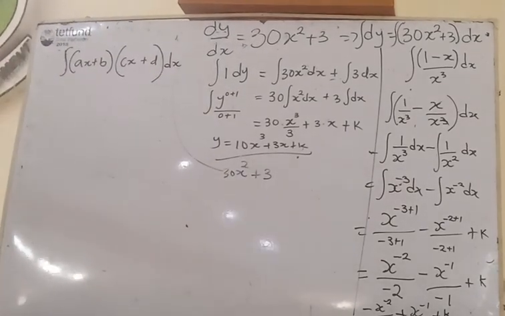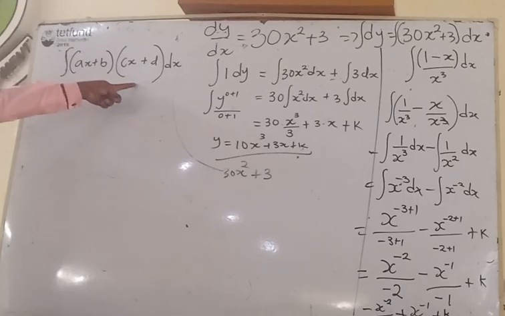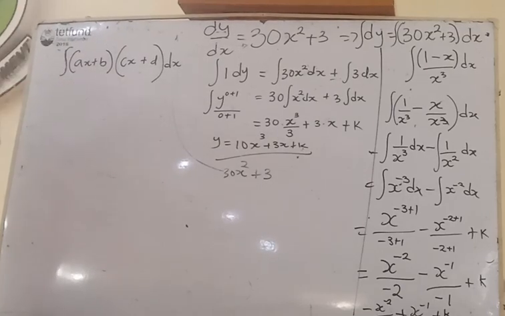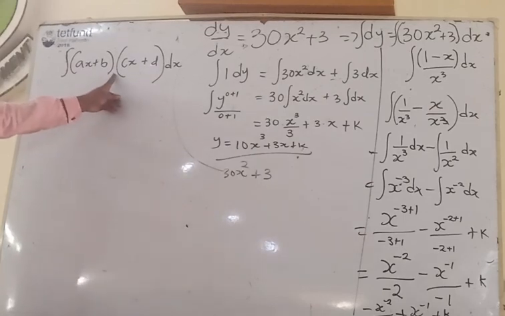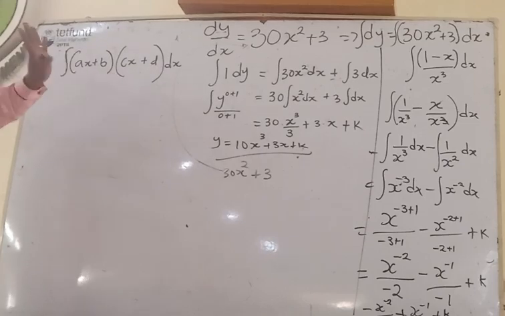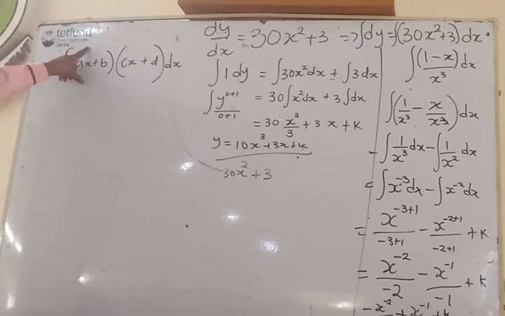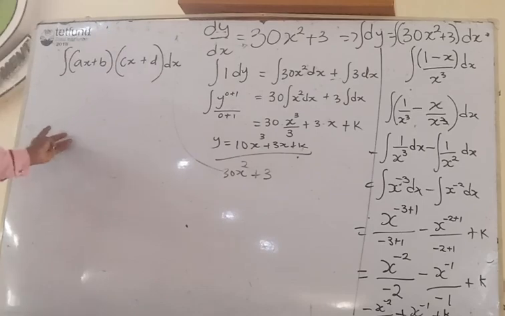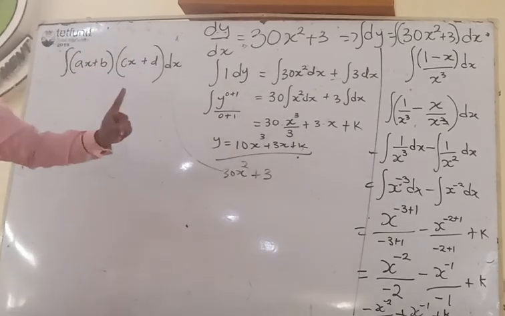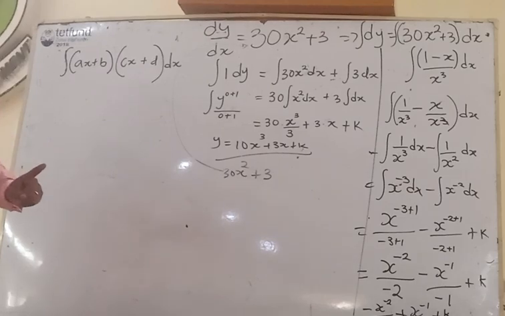Now, remember I told you, can you just integrate this and then multiply by the integral of this? Can you do that? No. What is here is multiplication. So you cannot integrate this, then come and integrate this. It is wrong.